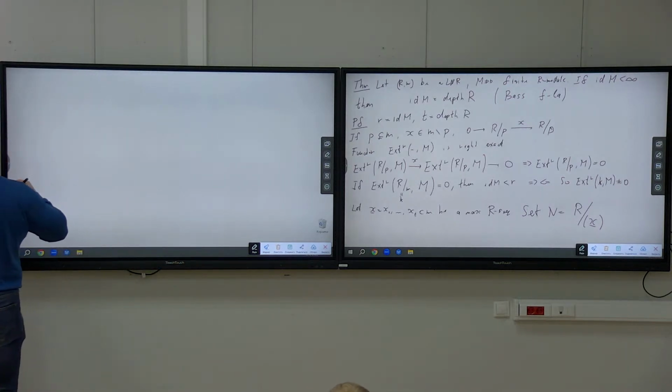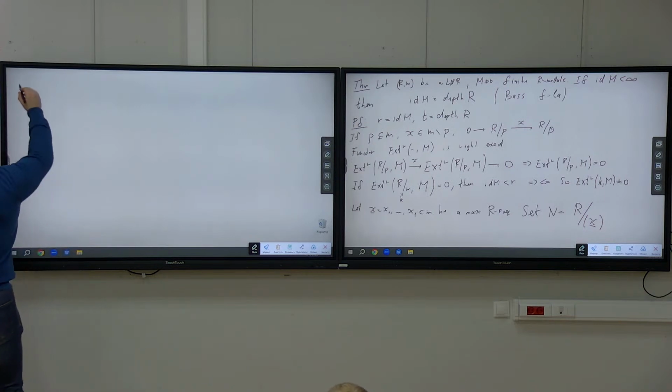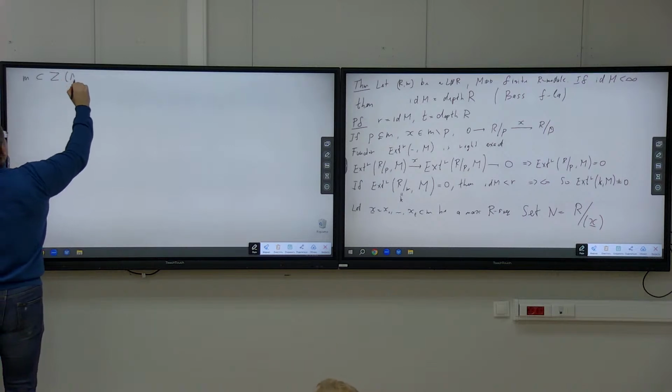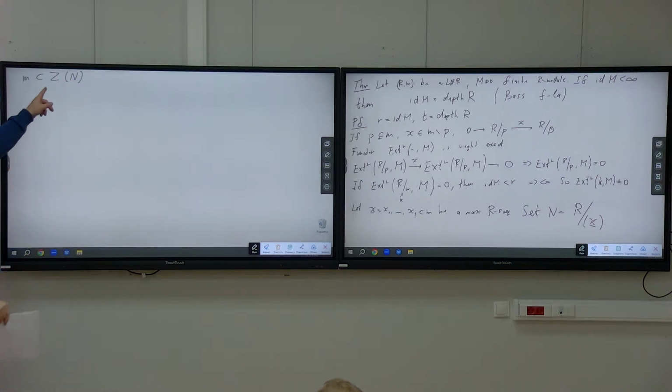Okay. m is contained in the set of zero divisors of N. So this Z stands as usual for the zero divisors of the module N. Well, that's because we chose the maximal possible regular sequence. So there is no way to extend this by 1.